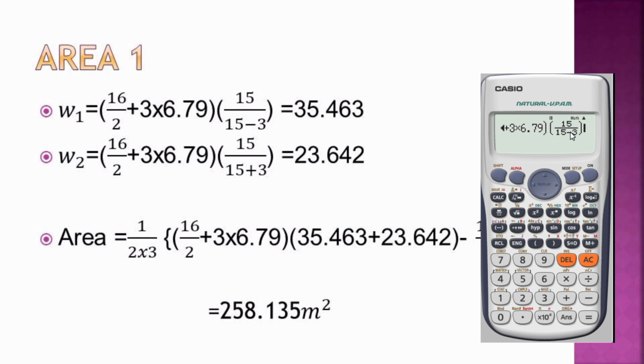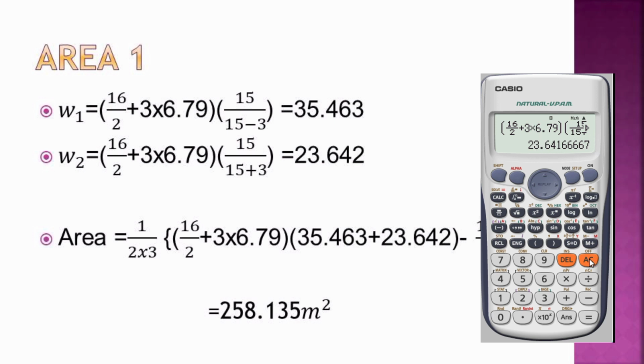You can do that. My calculator is doing these sums directly, but that is a programmable scientific calculator. But for normal calculators, please observe and do these calculations separately in order for you to get the correct answer.